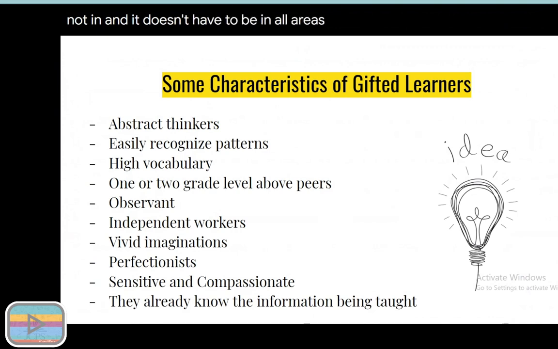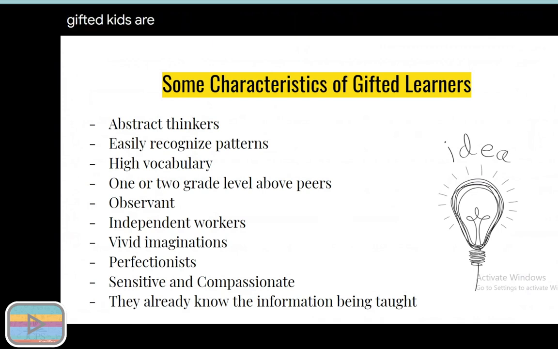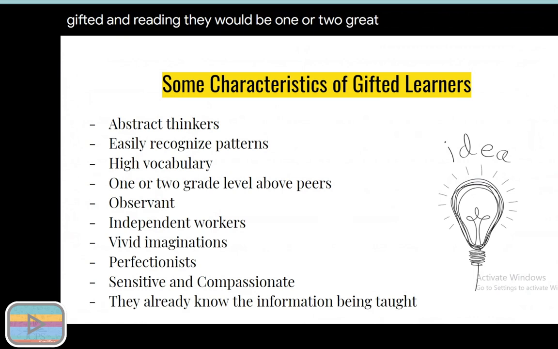Depending on what area they are identified in, they would be 1 or 2 grade levels above. The idea that gifted kids are gifted in all areas is a myth. If they're gifted in reading, they would be 1 or 2 grade levels above, but they might not be in math or science or social studies.